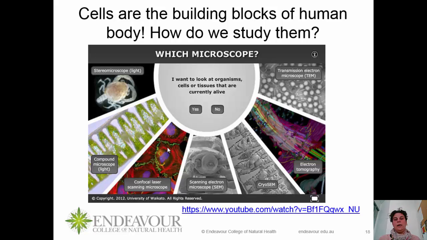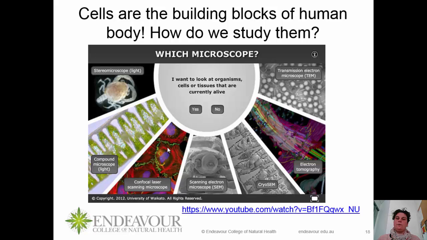So we have these tools called antibodies, fluorescent antibodies, where using different lights and different lasers, we can basically color in something that's not really colorful.